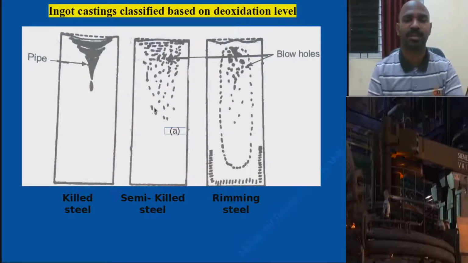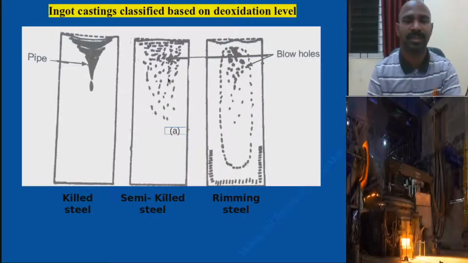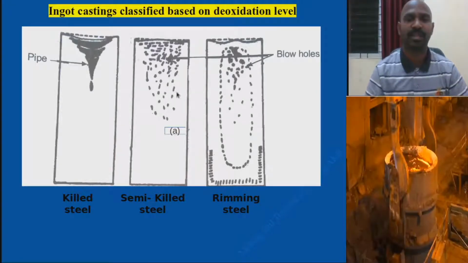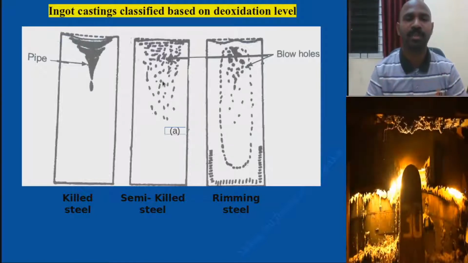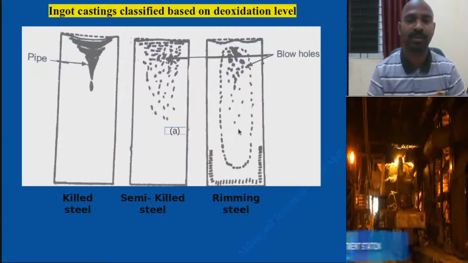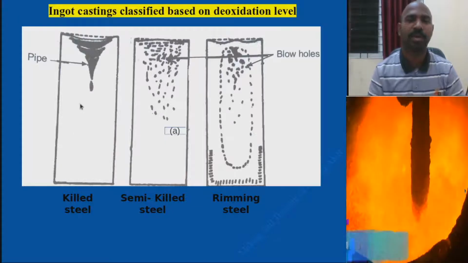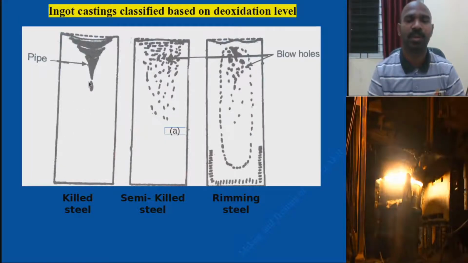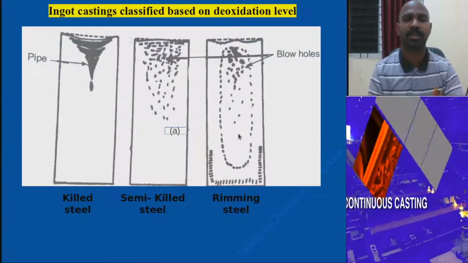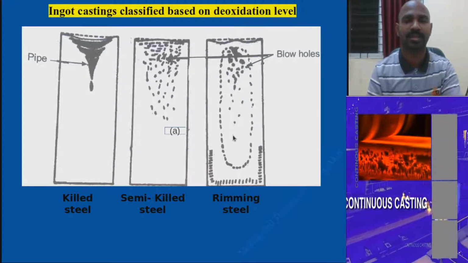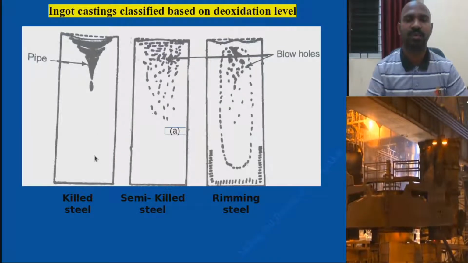Assume that blowholes, one of the casting defects, are high. It is dissolved oxygen which creates this kind of casting defect. Another point of difference is the carbon content: around 0.3% in the case of killed steel, 0.15 to 0.3 in semi-killed steel, and less than 0.15% carbon in rimming steel. The carbon content is low here, and higher here.